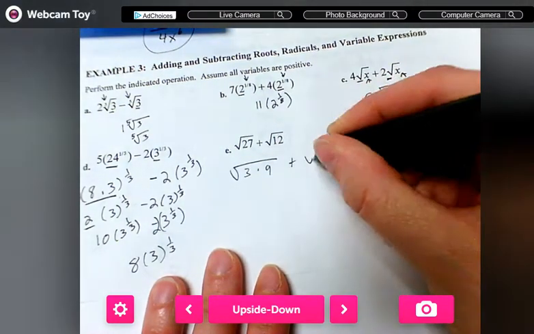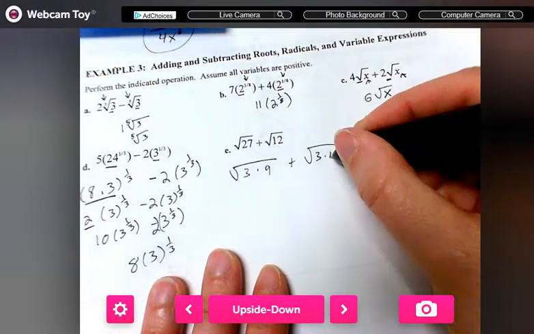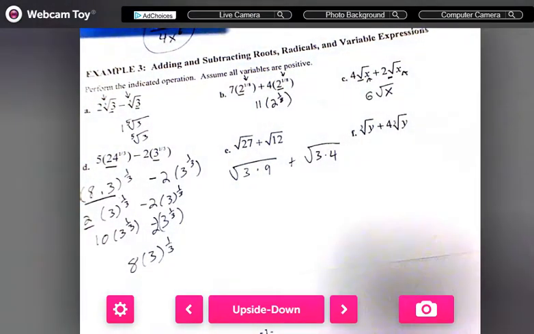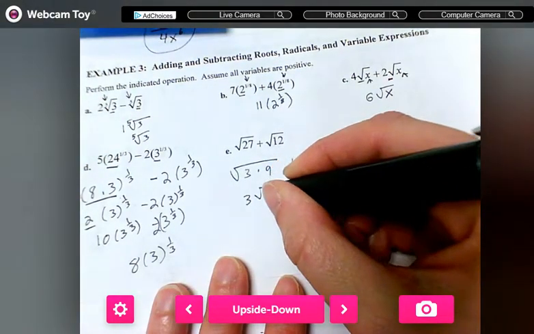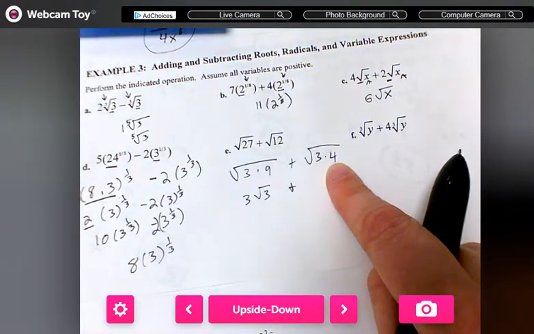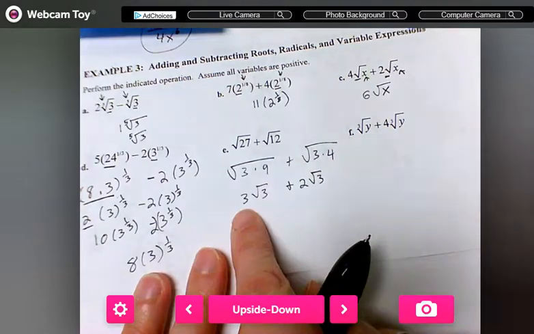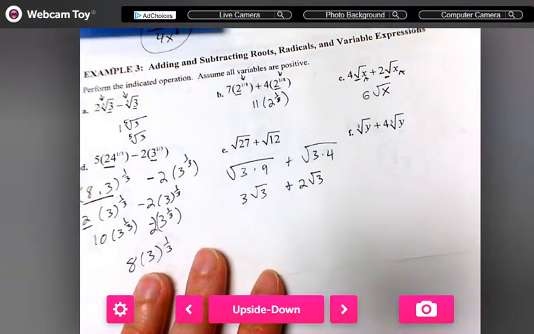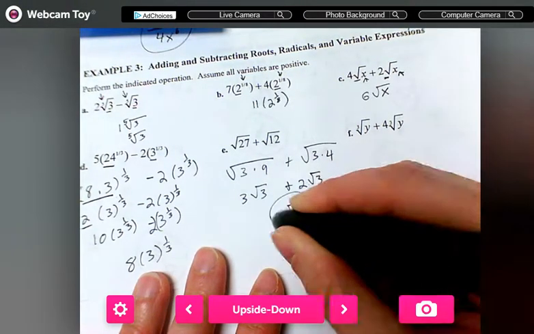Plus what times 3 gives me 12? 4. Okay. Is 9 a perfect square? What times what gives me 9? 3. So I get 3 square root 3 plus what times what gives me 4? 2. So I get 2 square root 3. 3 plus 2 is? So I get 5 square root 3. Yeah?